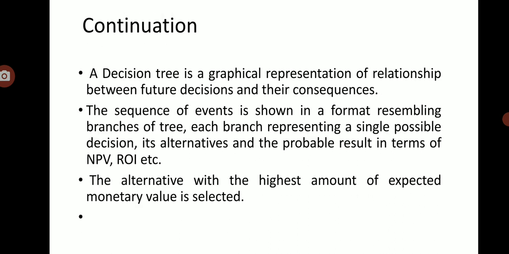Before discussing the advantages, we discuss several steps in order to represent a decision tree. First and foremost is to describe the decision that needs to be made in the square. Second, draw various lines from the square and write a possible solution on each of the lines.